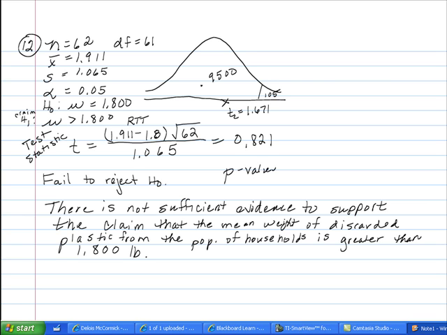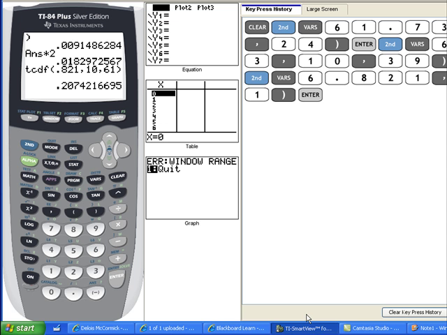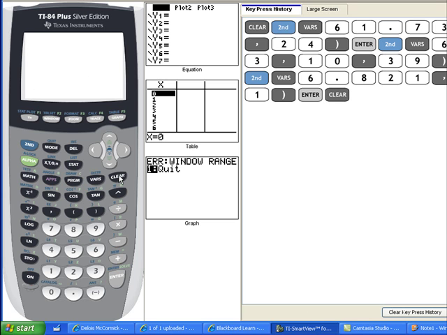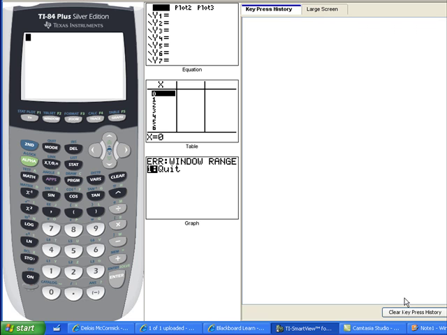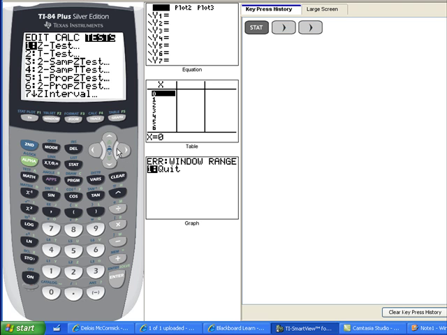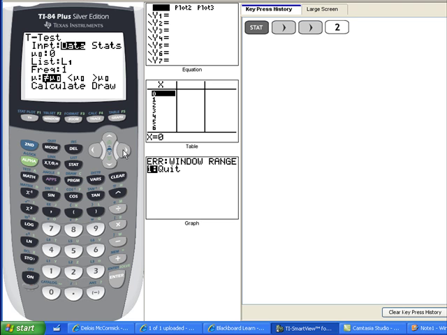Alright, mu sub 0 is the mean that comes from the null hypothesis, and that was the 1.8 pounds. The mean from the sample was 1.911. The standard deviation was 1.065. Our n was 62. And we wanted to test the greater than, was our alternative.